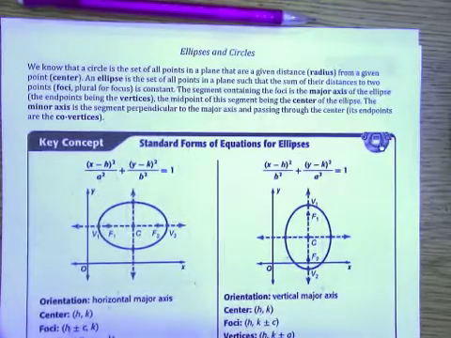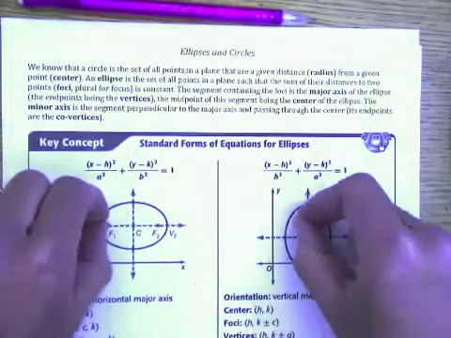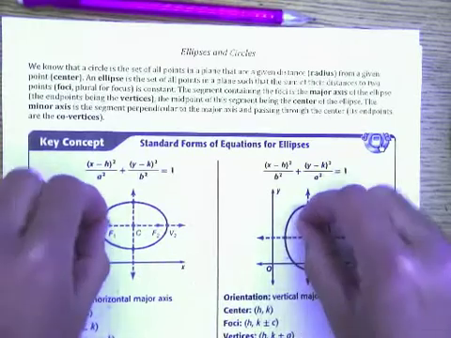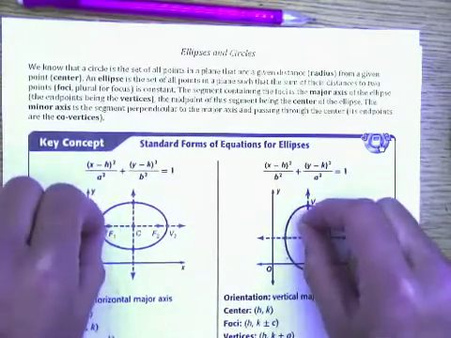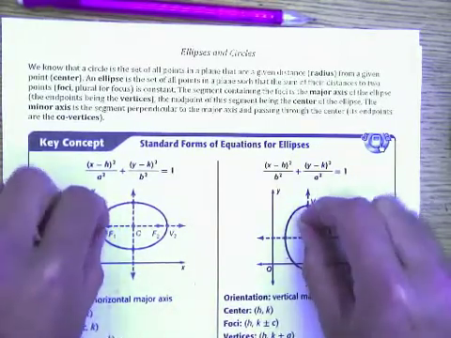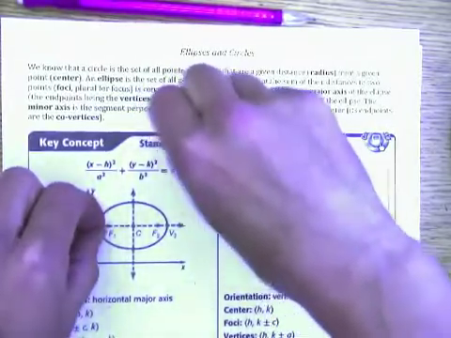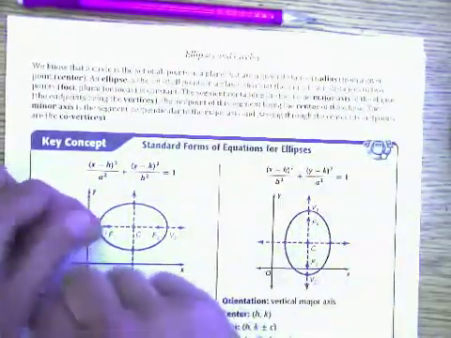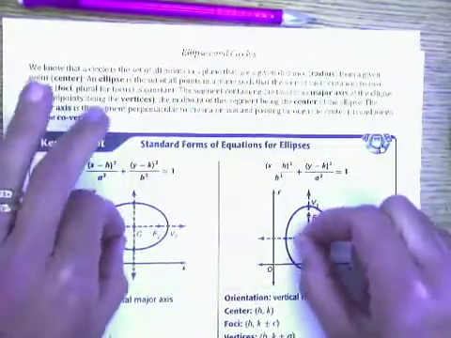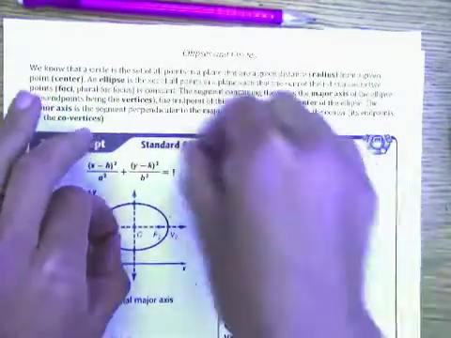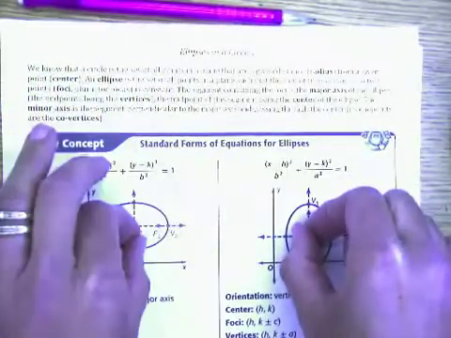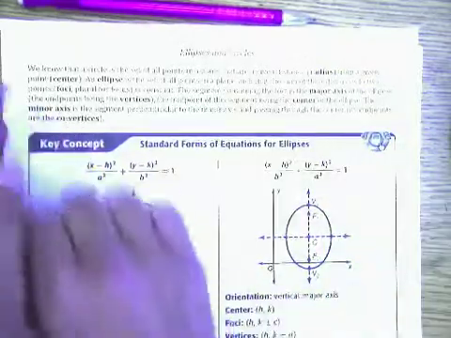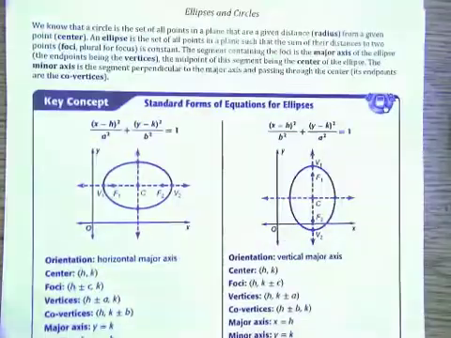So if you could picture having two fixed points and a piece of string such that one end of the string is here and one end of the string is here, and your pencil is dragging along, because that string is always the same length, the sum of this distance and this distance is always the same. So you would end up with an ellipse.